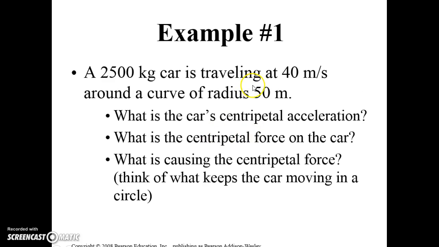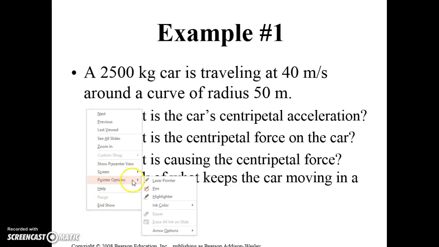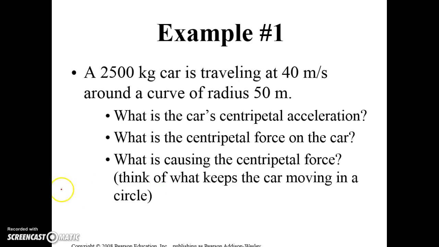So we have an example here. I believe this is the last slide of doing these calculations. You have a 2,500 kilogram car traveling at 40 meters per second around a curve of 50 meters. For the car's centripetal acceleration, v squared over r equals a.